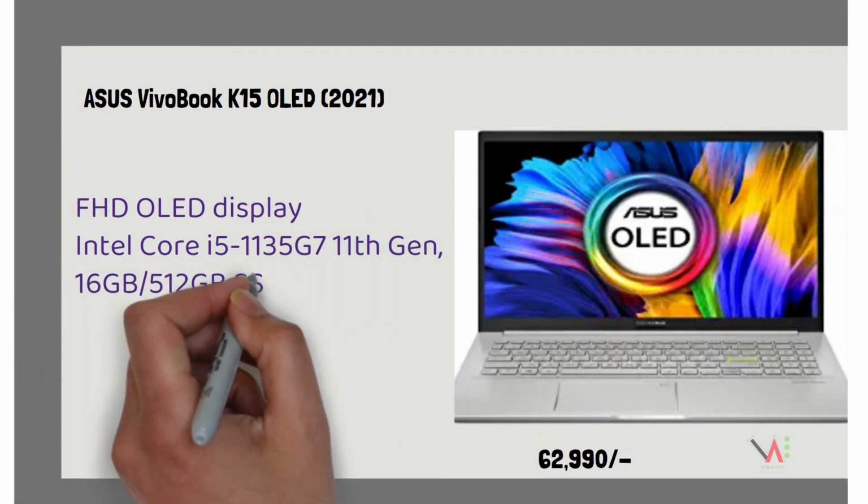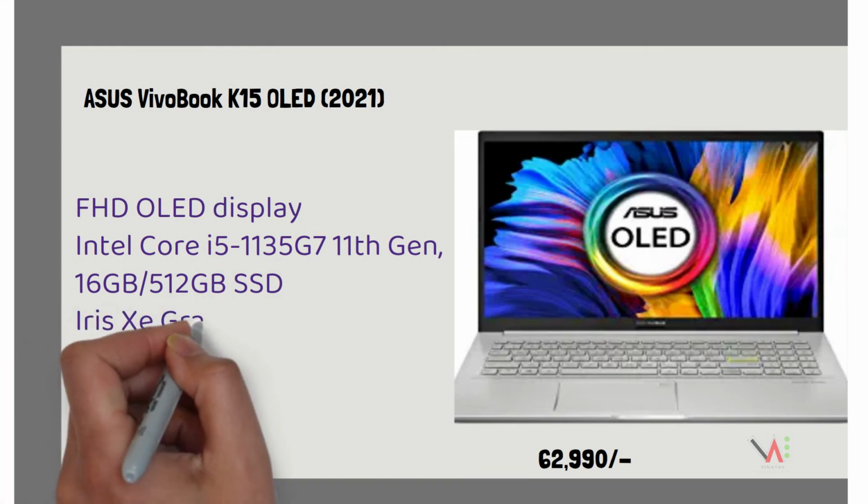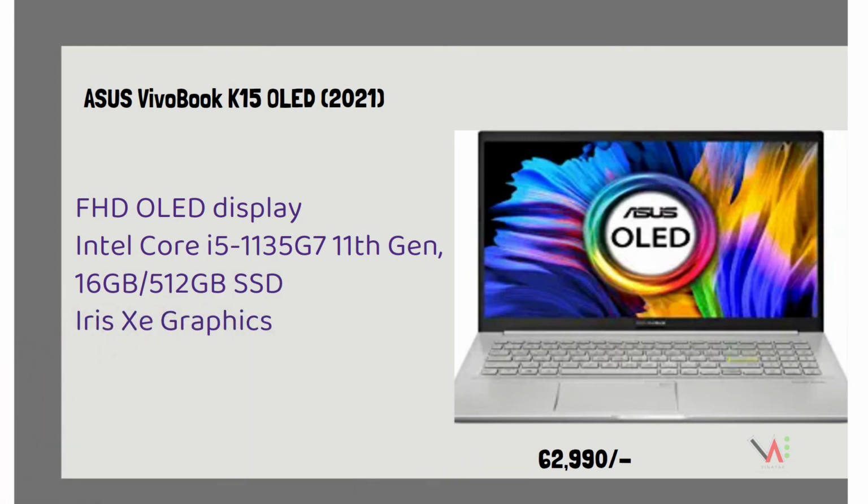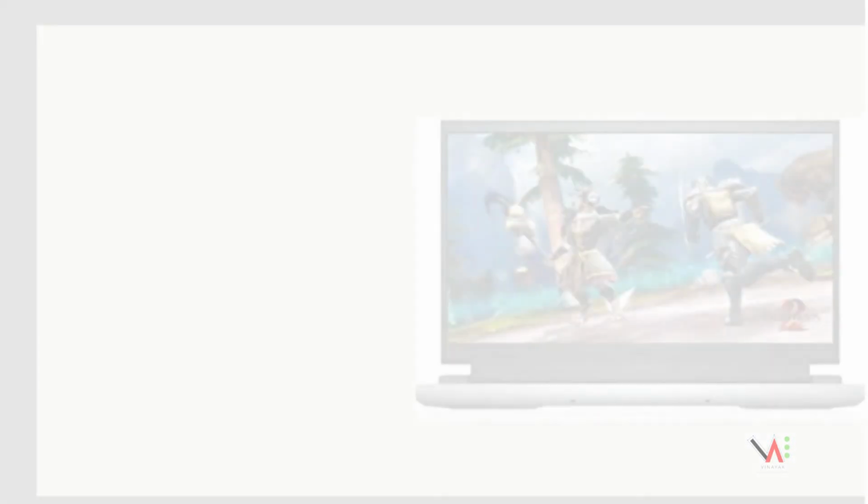You will get an i3 processor, 11th generation. Compared to the first one there is a gap, but the graphics are good, so you can go with this also. But there is not a good amount of output in this laptop. Instead of this laptop, you can go with the Asus VivoBook Pro 14 OLED 2021 or 2022.